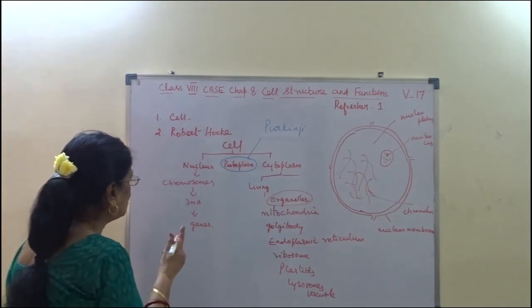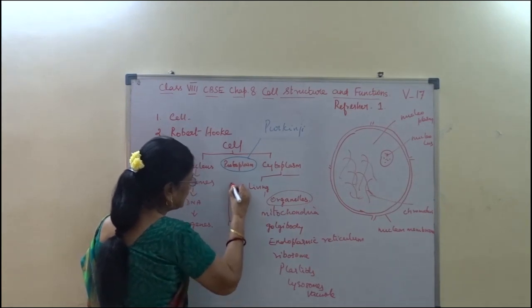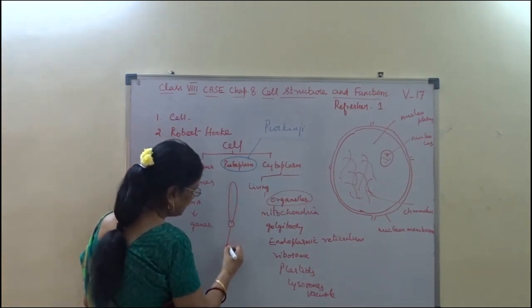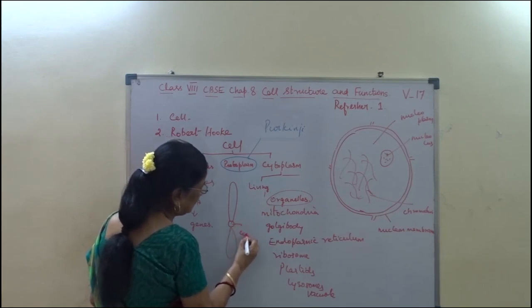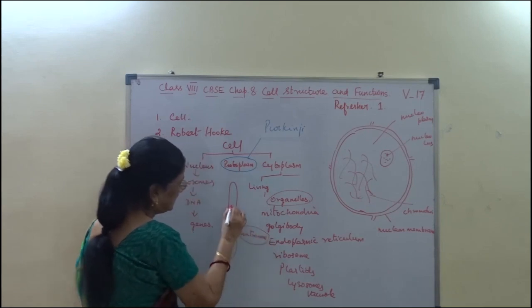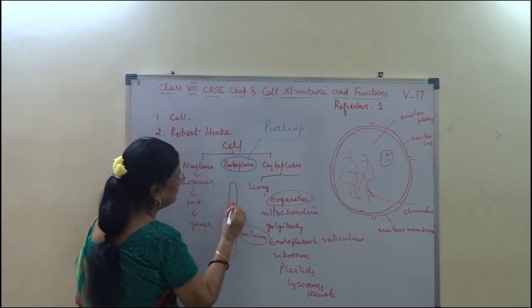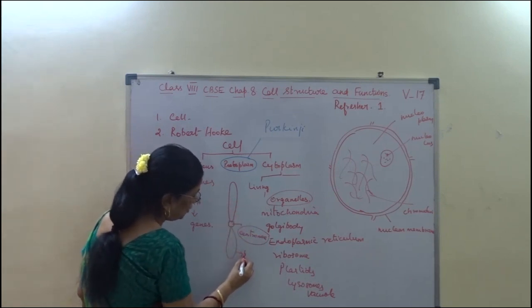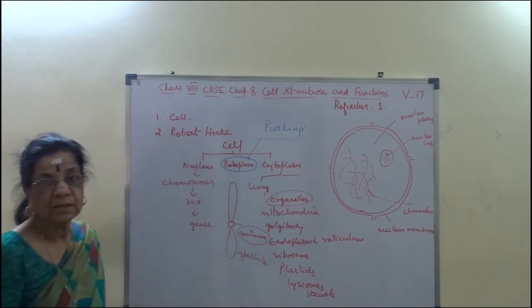Now this chromosome has a structure like this, having a centromere, and then two arms called chromatids.